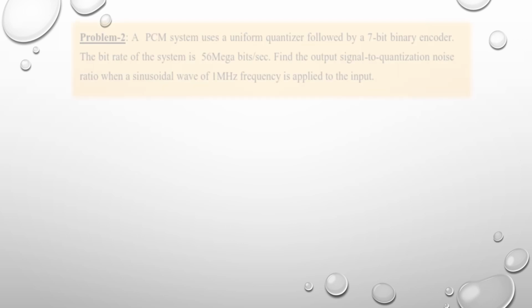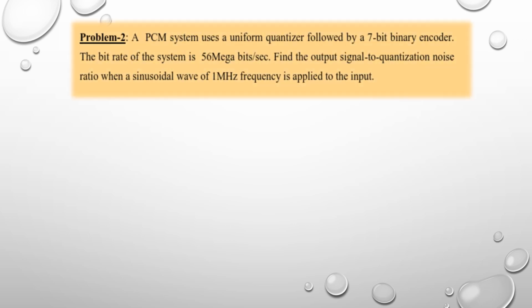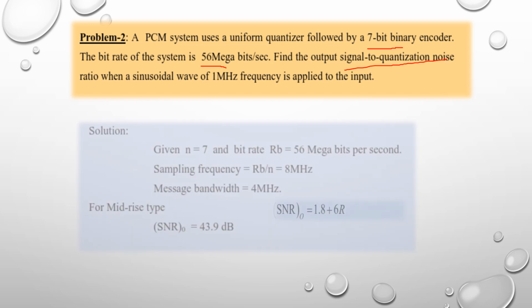Let's consider one more example. A pulse code modulated system uses a uniform quantizer followed by a 7 bit binary encoder. The bit rate of the system is 56 megabits per second. Find the output signal to noise ratio when a sinusoidal wave of 1 megahertz frequency is applied to the input.